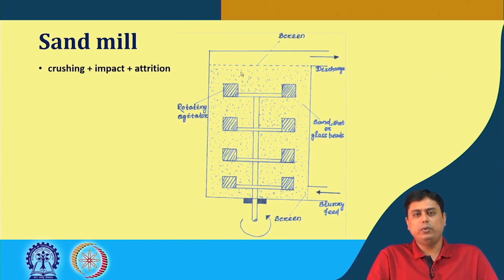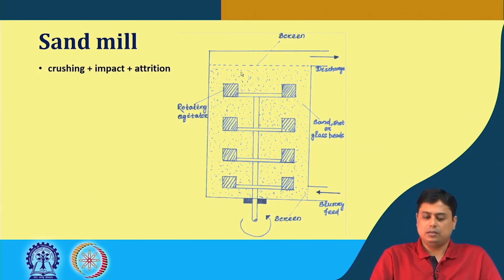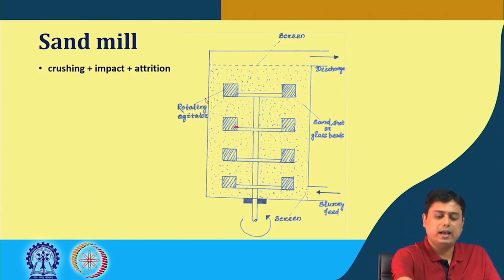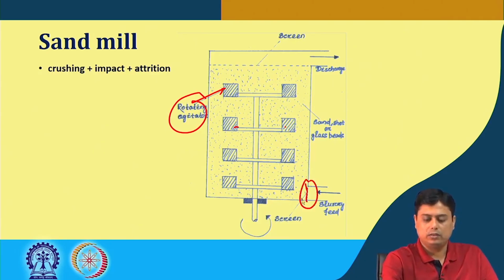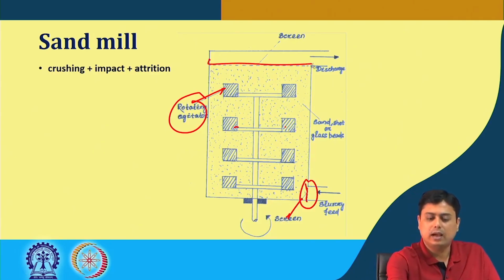So, here we have a bed of sand or very fine glass beads, and then we have a rotating agitator. So, these are the rotating agitator, and here we have a screen at the outlet, at the inlet as well as at the outlet where the discharge is collected.